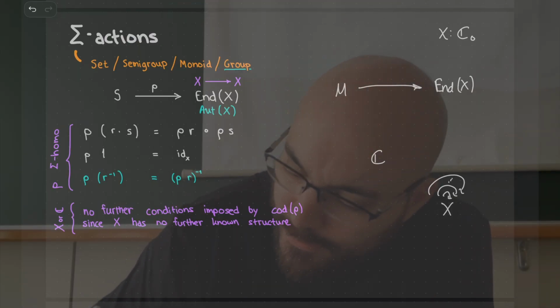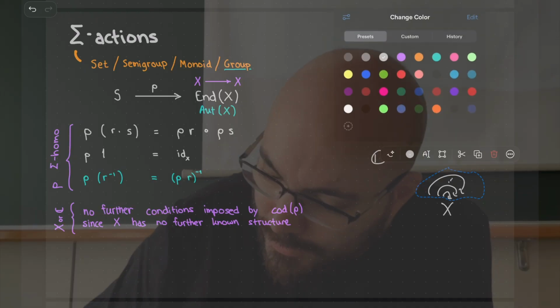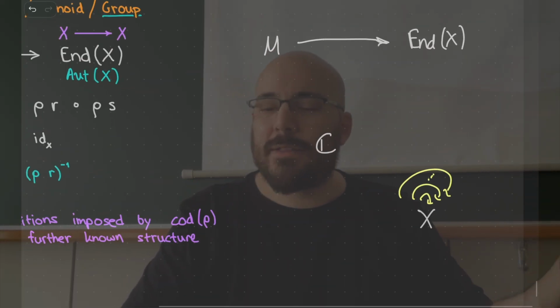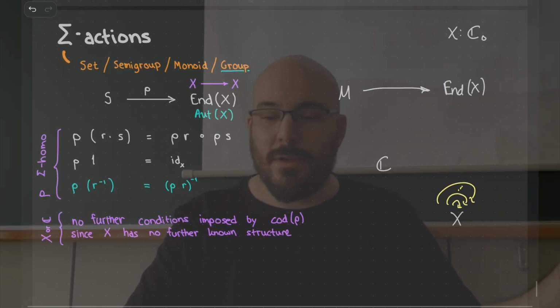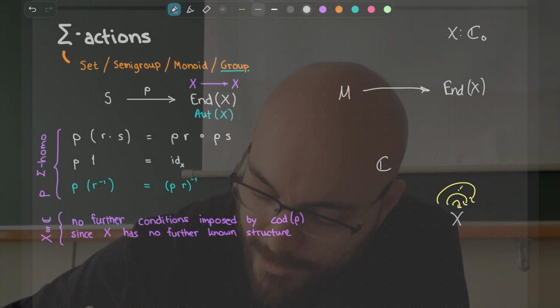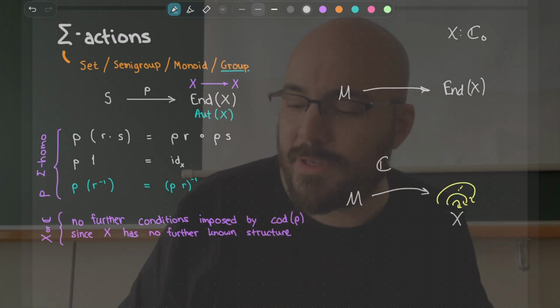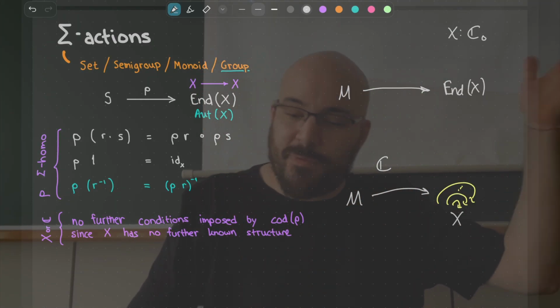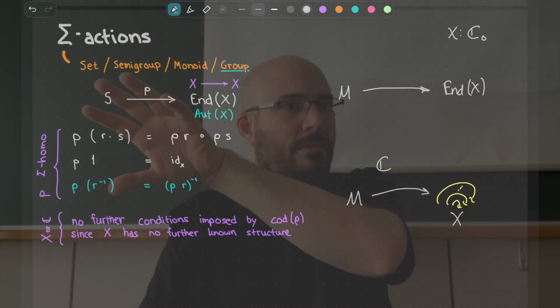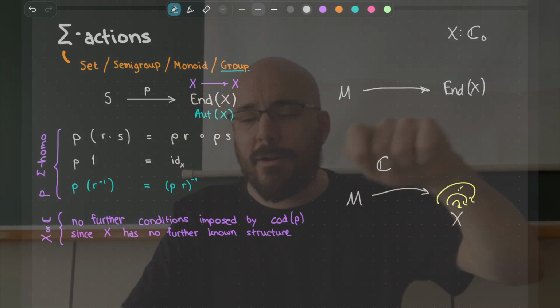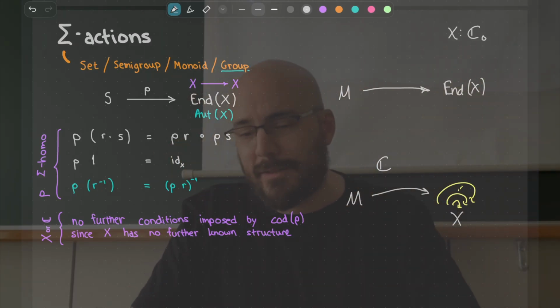These things, the yellow things, form a monoid under composition and identities, which means that if you have another monoid, like M, you can have a monoid homomorphism from your monoid to the yellow arrows. You map the operation of the monoid to the composition of these yellow arrows, the identity obviously to the identity, and that's it.